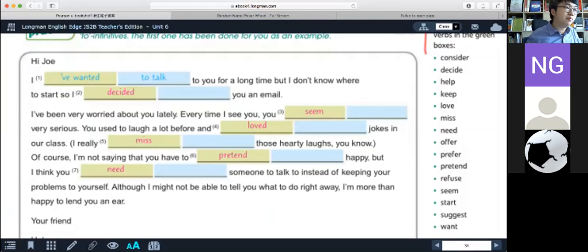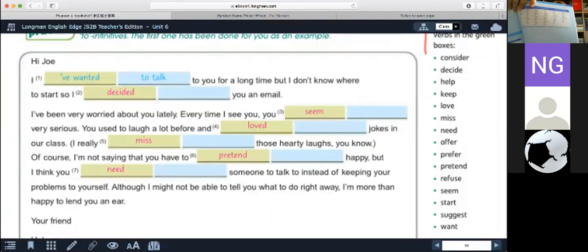All right, so let me do the first one with you as an example. And I'll ask some students to do the third one to the seventh. All right, the first one. Hi, Joe. I've wanted to talk to you for a long time, but I don't know where to start. So I decided, when you do this exercise, you should always look at this table.